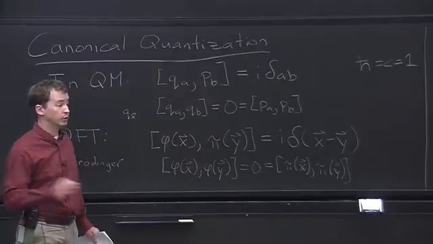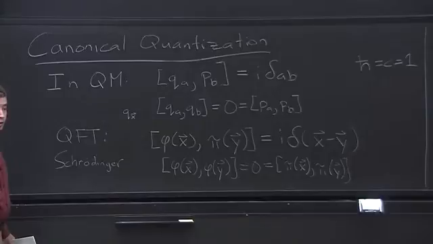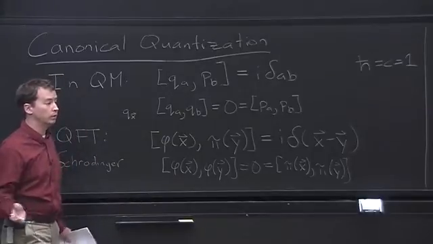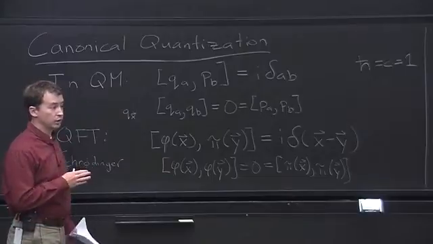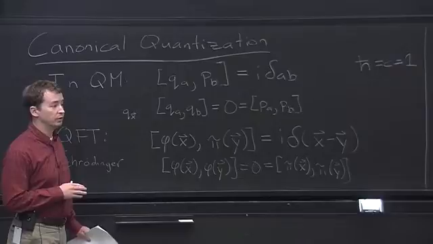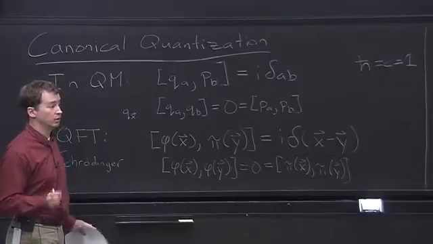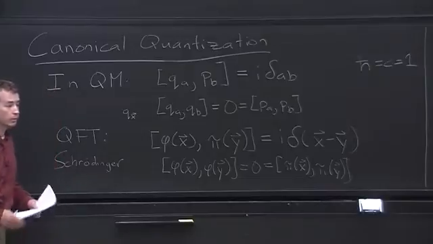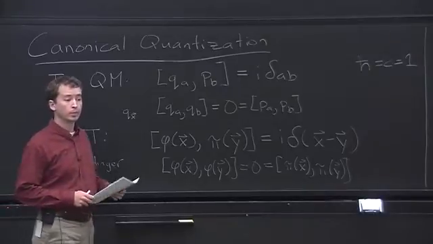So time plays a special role in the canonical formalism. That's why we needed yesterday to check Lorentz invariance, and at several points today we'll be discussing Lorentz invariance because it's not immediately obvious from what we're doing that we're not destroying Lorentz invariance. Time is playing a special role here.